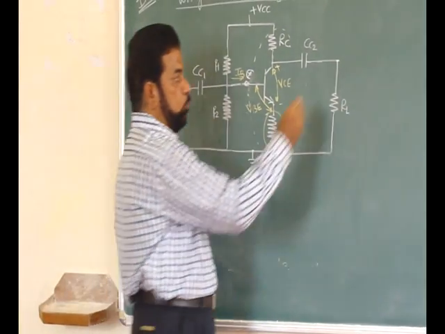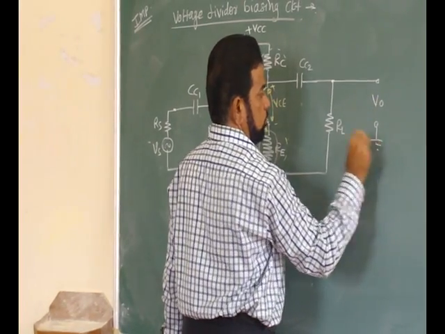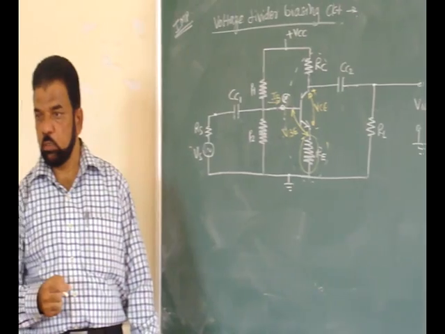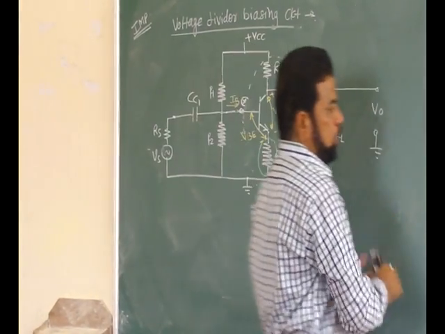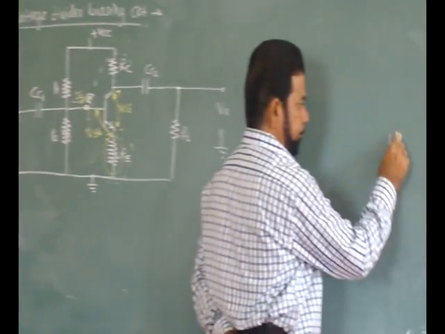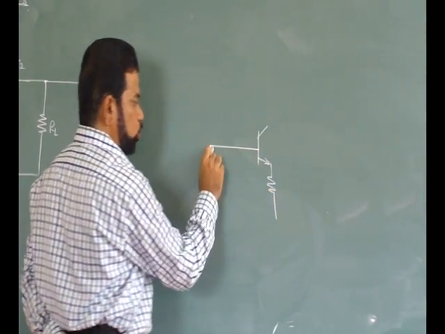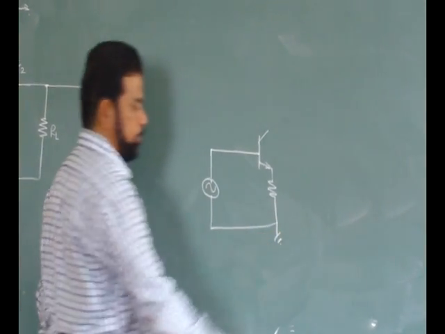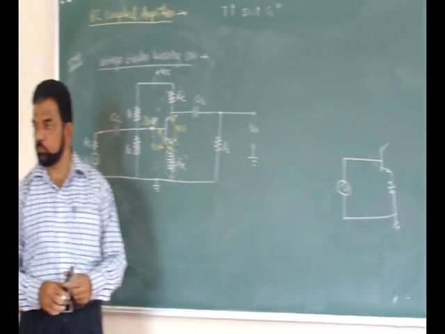And I want the output voltage across the load. Okay, so just one component was missing, and now we have covered that. Now see, if you look at this circuitry, I will not draw the biasing components there. इतना circuit निकालना है. For simplicity, I will not show this one.